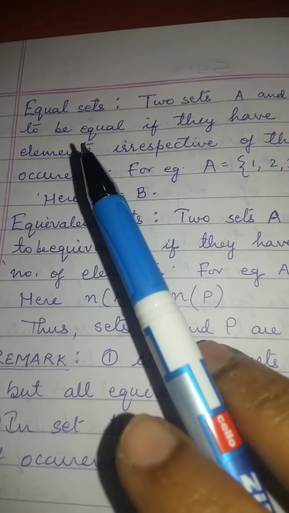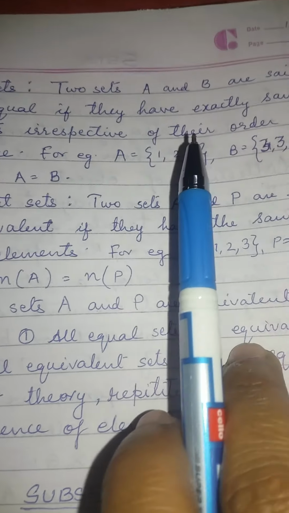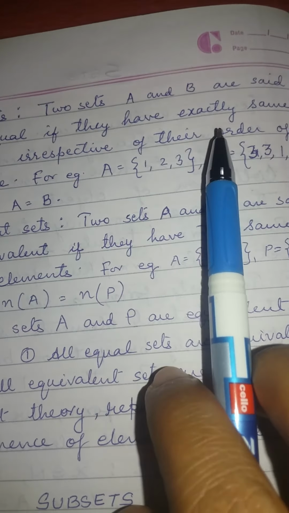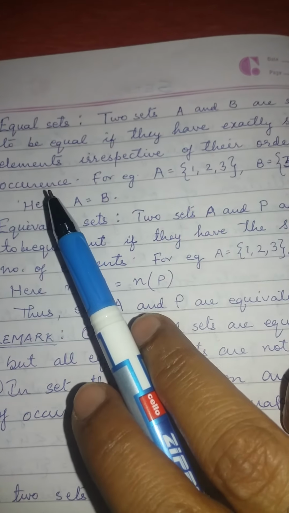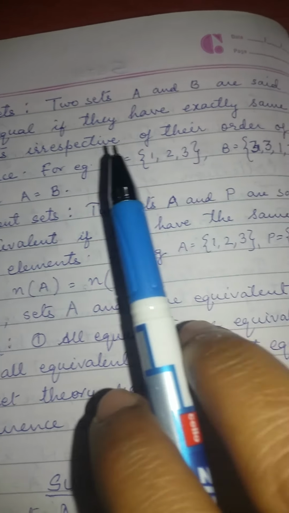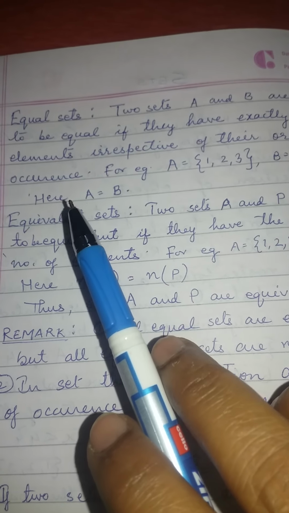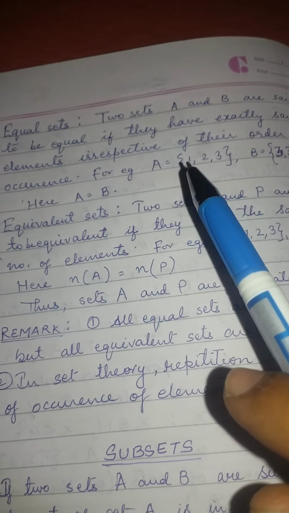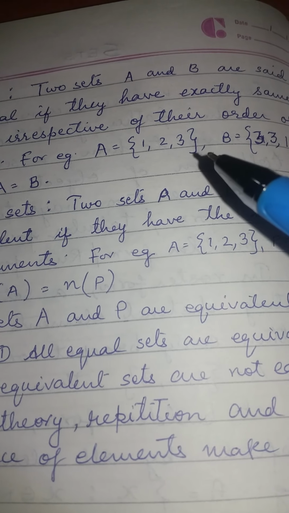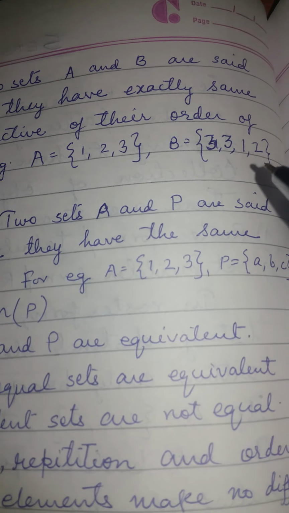Now the next type of sets are equal sets. Two sets A and B are said to be equal if they have exactly the same elements, irrespective of their order of occurrence. Means the two sets should have the same entries. Like suppose set A is equal to {1, 2, 3}, set B is equal to {3, 3, 1, 2}.